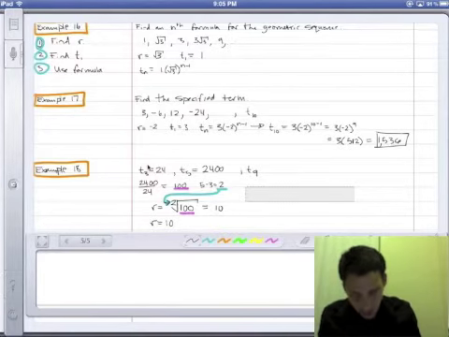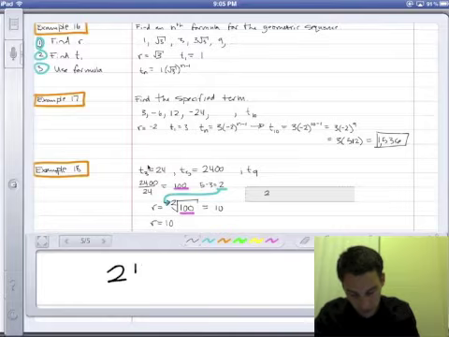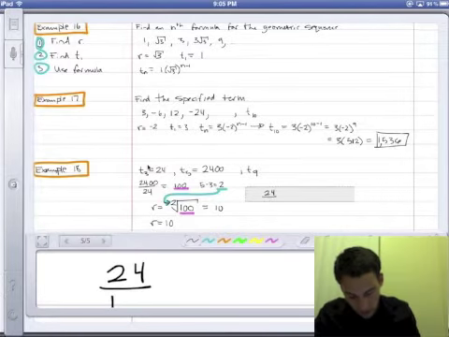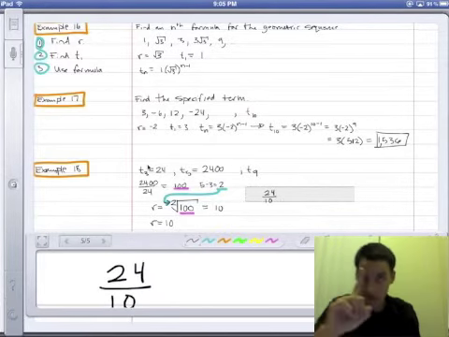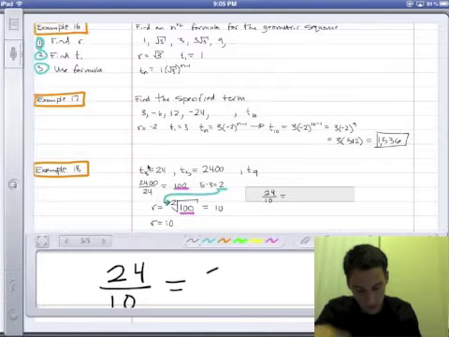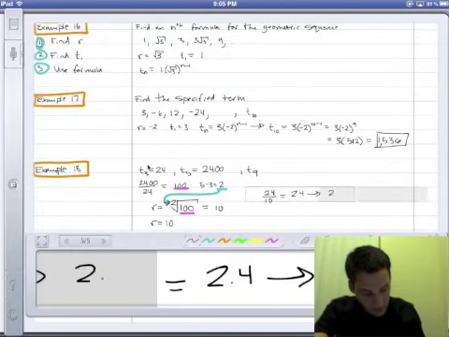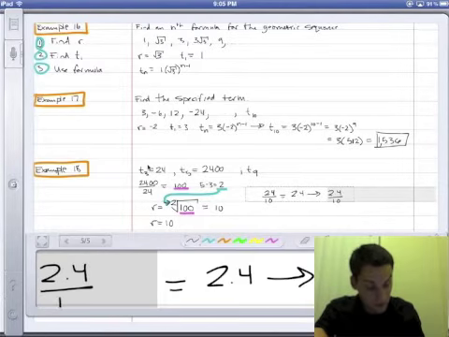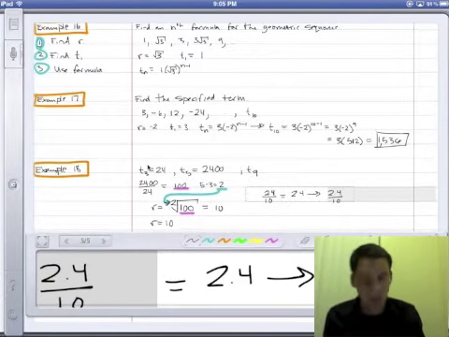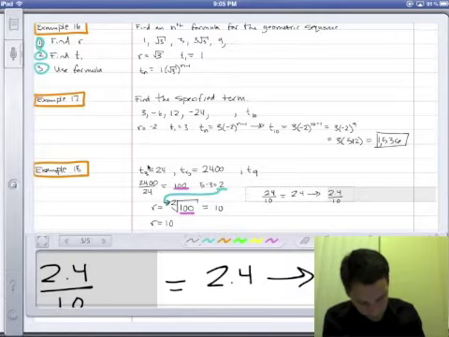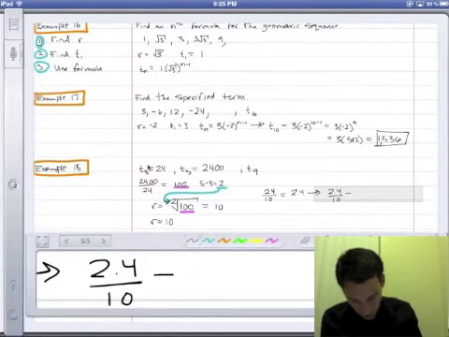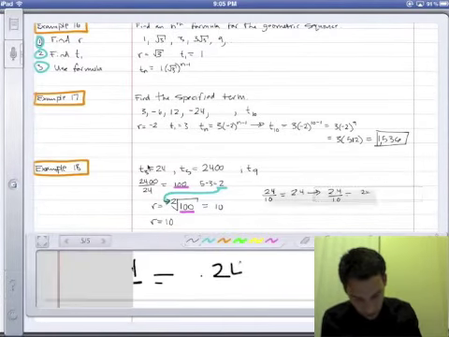I'm going to start at term 3, which is 24, and divide by 10. That's 1 time, and that gives me 2.4. Then I'm going to take 2.4 and divide by 10 another time. That's another step backwards. That will give me term 1. So that equals 0.24.